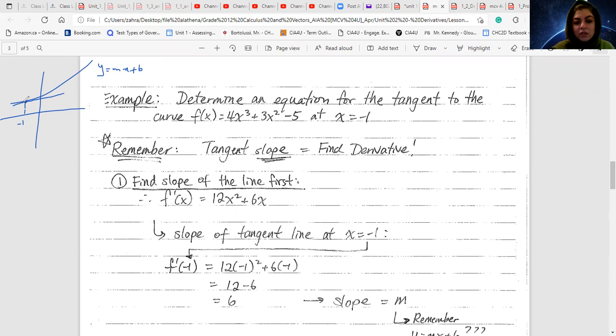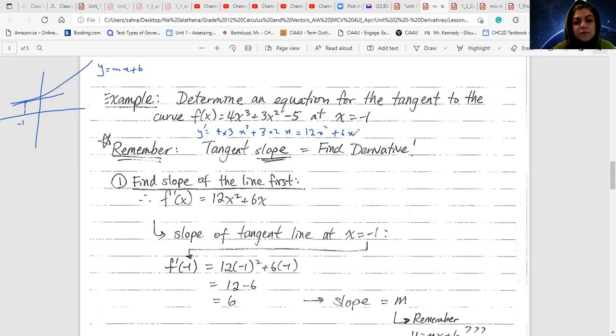The slope of the tangent line is the derivative of this. If you want to take the derivative, it's power in front, power minus 1. Same thing, power in front, 3 multiplied by 2x. The derivative of 5 is 0, right?